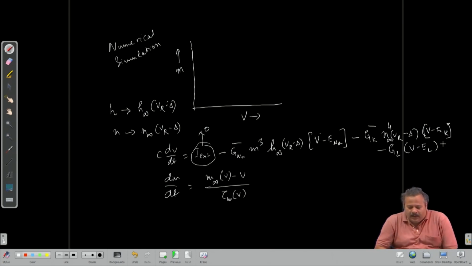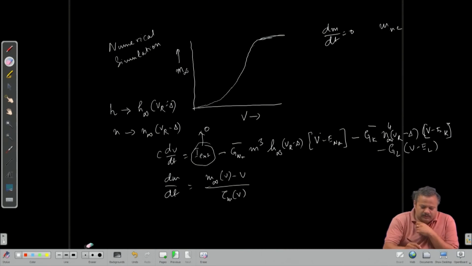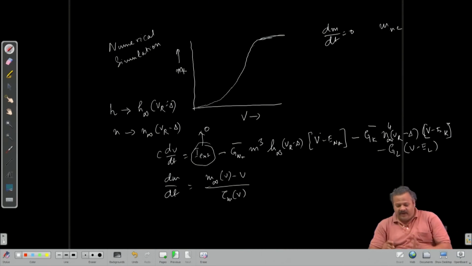Now from this we can get dm dt equals 0, that is the m null line, which is the same as what we have seen before. It is going to be something like this, the same curve as the m infinity curve as a function of voltage, but we are actually plotting the m value here.